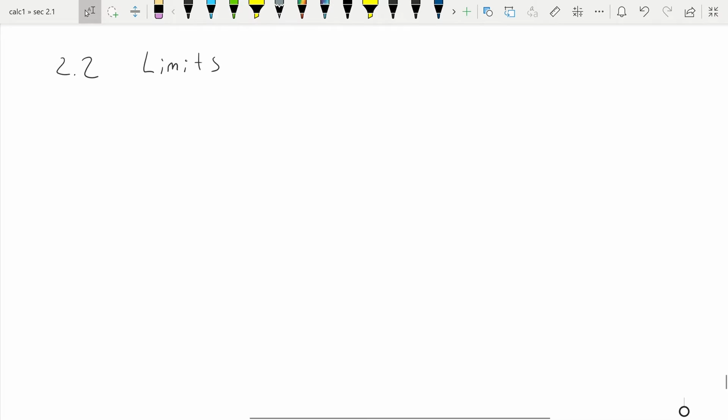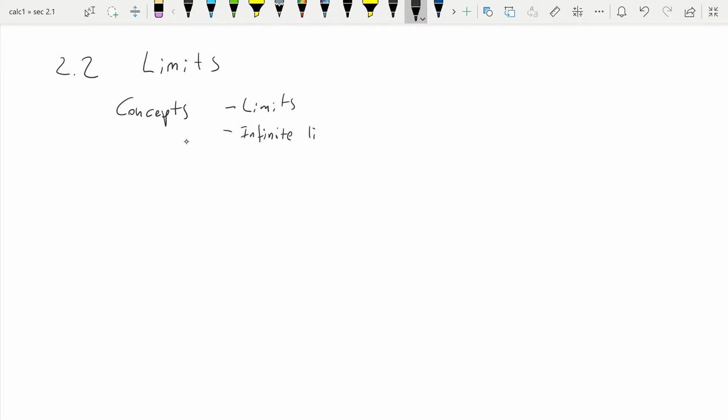We discuss the main concepts now: limits, situations where, even though there are no limits in the usual sense, we can speak about infinite limits, and one-sided limits.